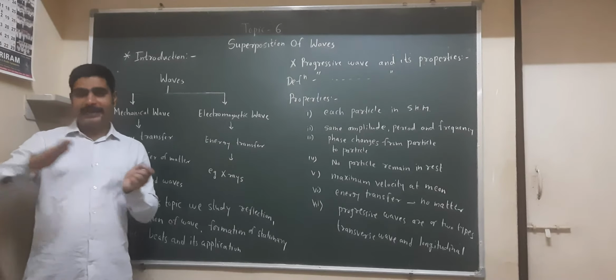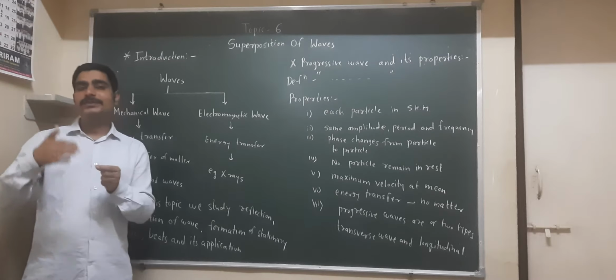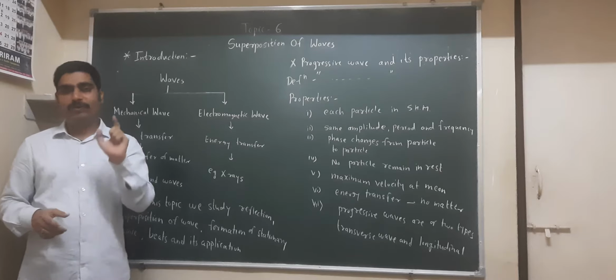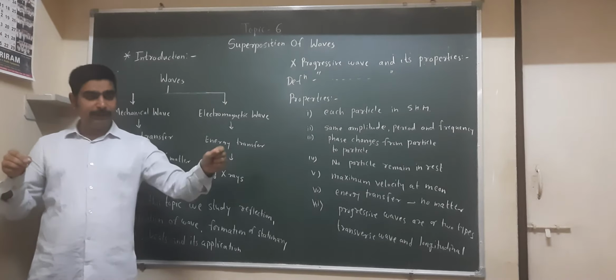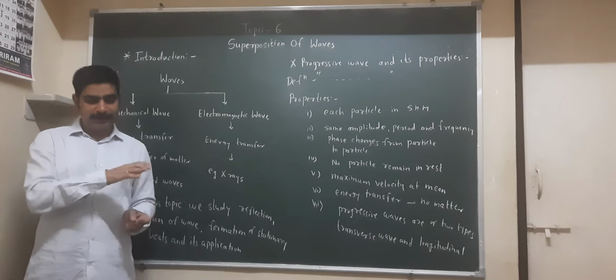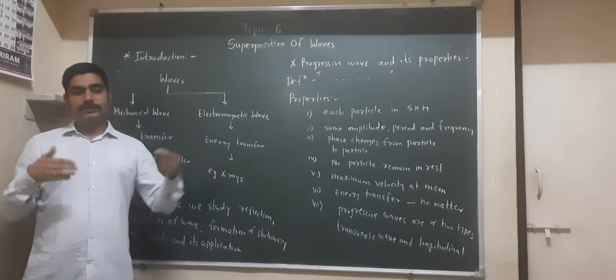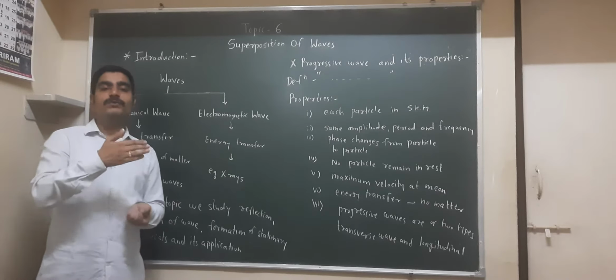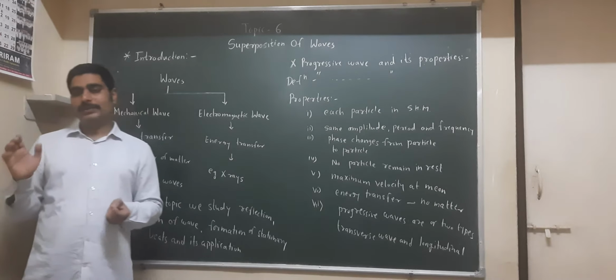The medium is at rest, but the disturbance is created, and that disturbance is responsible for the formation of waves. Again, if we have a stretched string, it will be at the rest position. If we pluck it, then waves are created. So the medium will be at rest, but after plucking, the waves are created. So that is a wave.